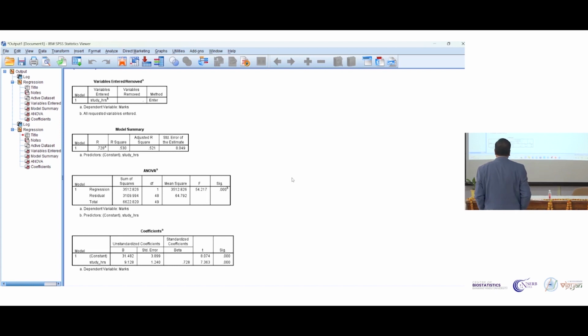And it is significant, bracket में, F is equal to 54.22, comma, df1 equals to 1, df2 is equal to 48.